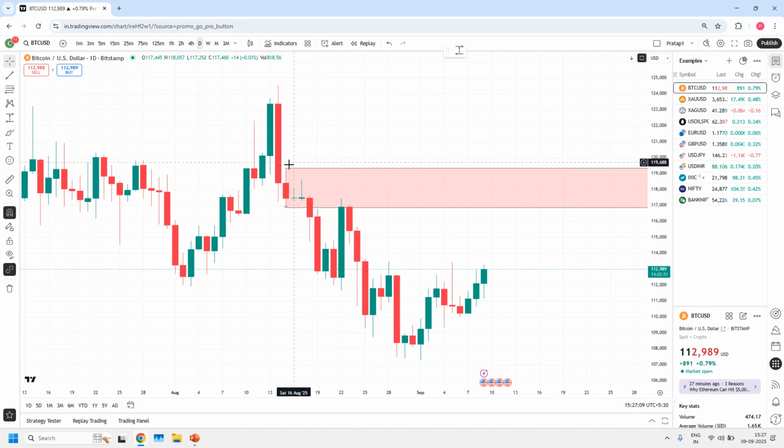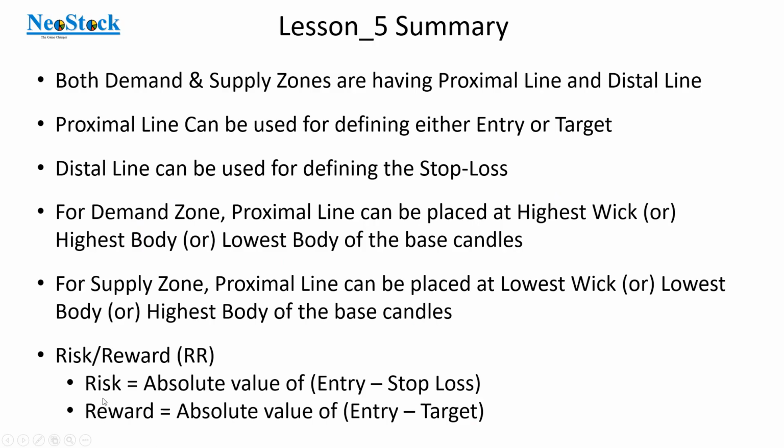Then what is the disadvantage? The disadvantage is your risk will be increased. What is risk? Risk means the proximal line minus the distal line, absolute value. Remember, the proximal line is our entry. The proximal line can be used for defining the entry, or the target also.